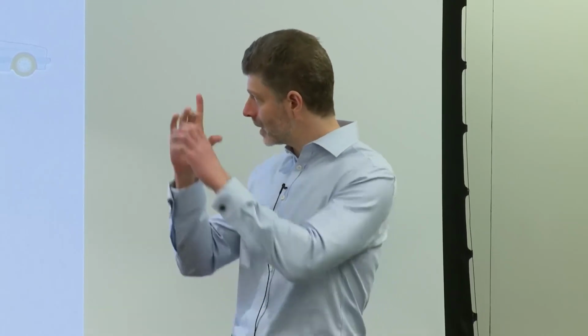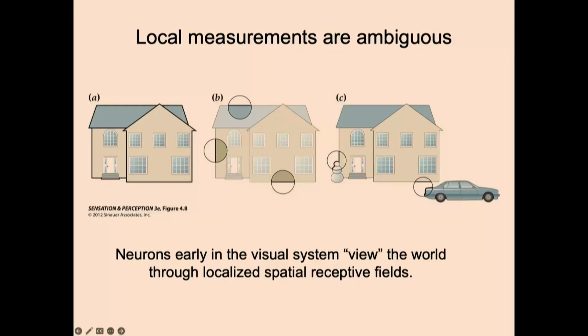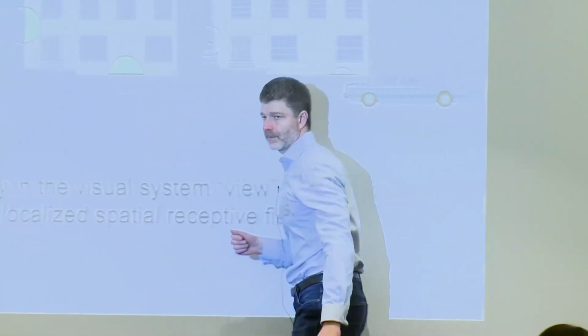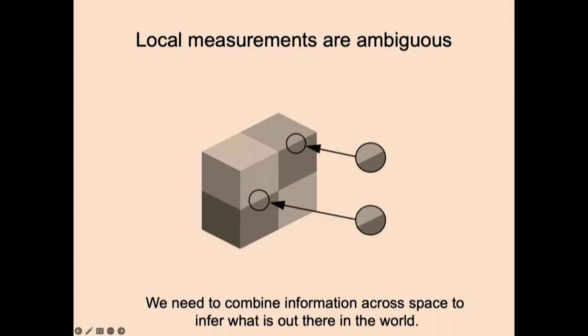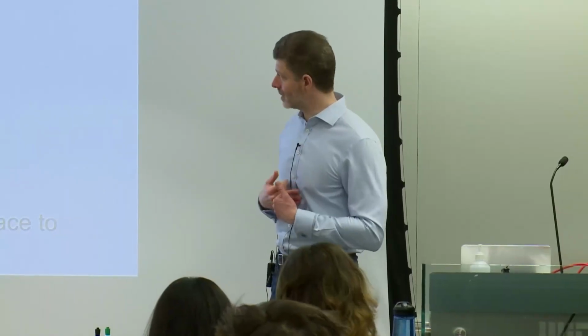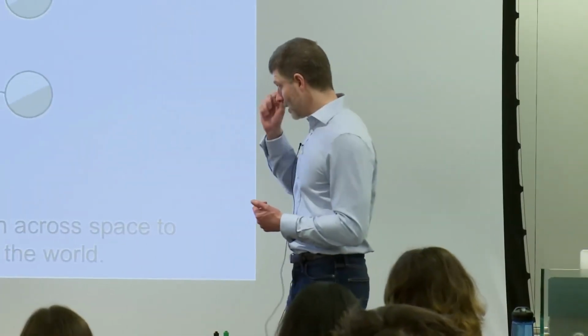So they're looking at the world through these localized spatial receptive fields, measuring something that happens here, or here, or here. And these local measurements are often quite ambiguous, in terms of what is actually causing the image intensities within that local region that's being measured.